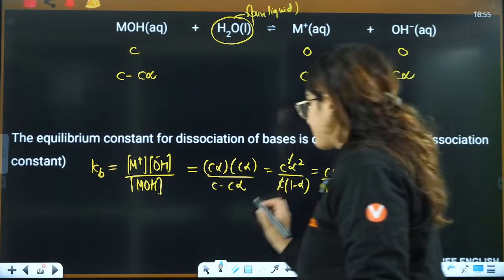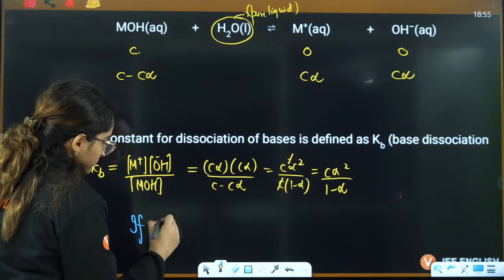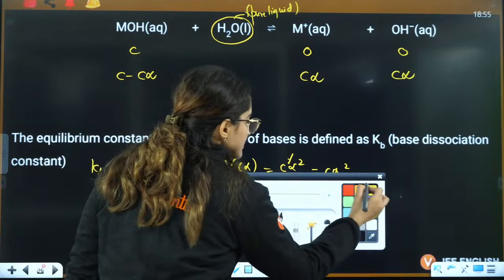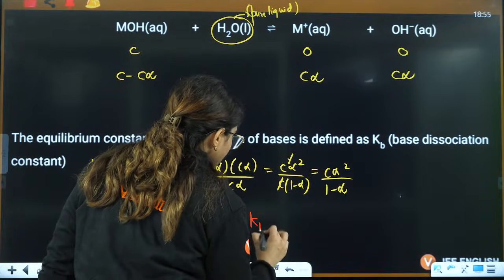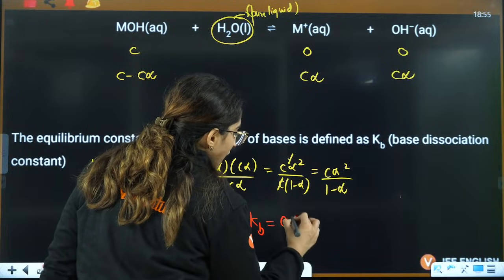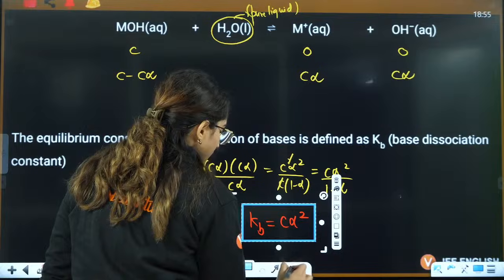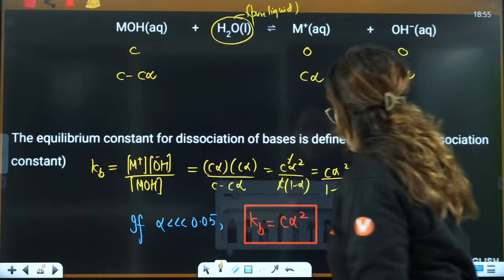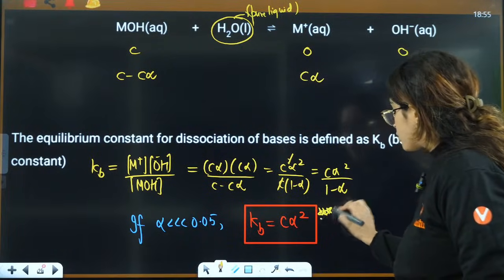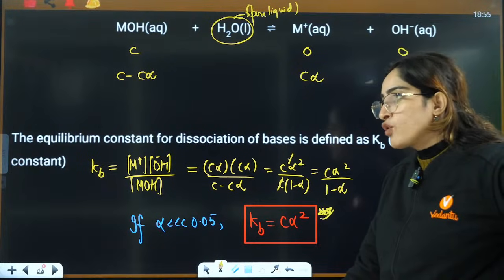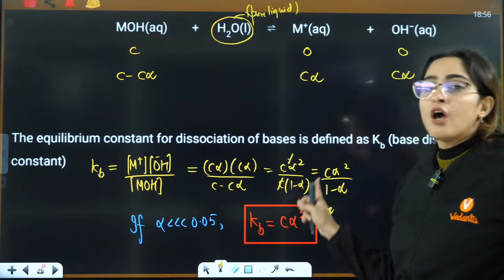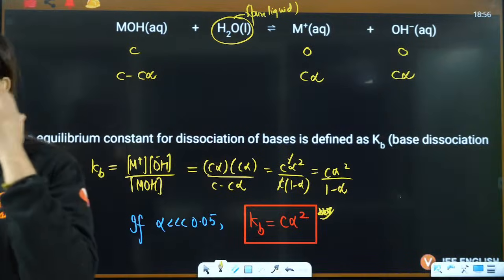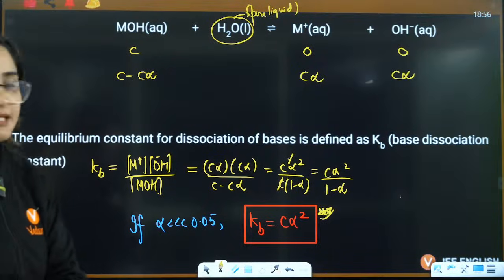And if alpha is very less than 0.05, then as we have written there as well, Kb is equals to C alpha square, and that is the formula that you must remember. This is the degree of dissociation for weak bases. Maybe it can be 20, 30, 40, 50, any percentage, but not 100%.